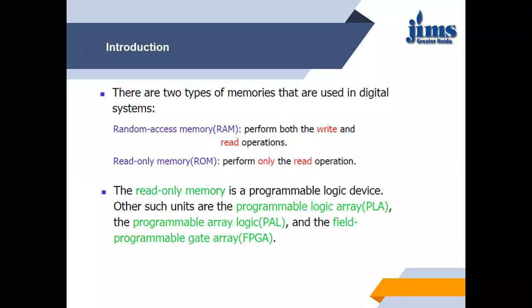Other such units are the programmable logic array, that is PLA, programmable array logic, PAL, and field programmable gate array, FPGA. As far as your course is concerned, we are going to discuss ROM, RAM, PLA and PAL. The FPGA is not a part of your syllabus.